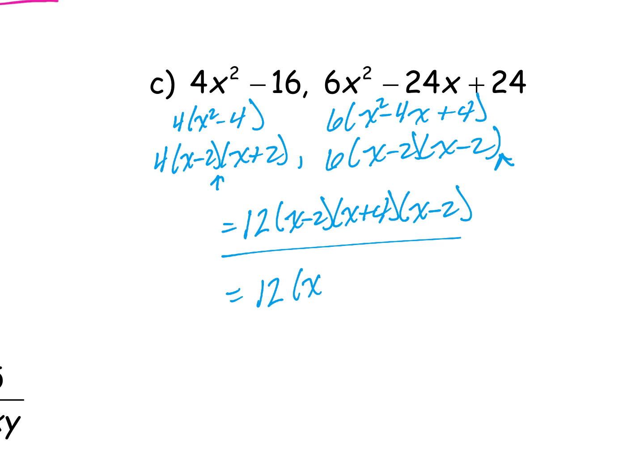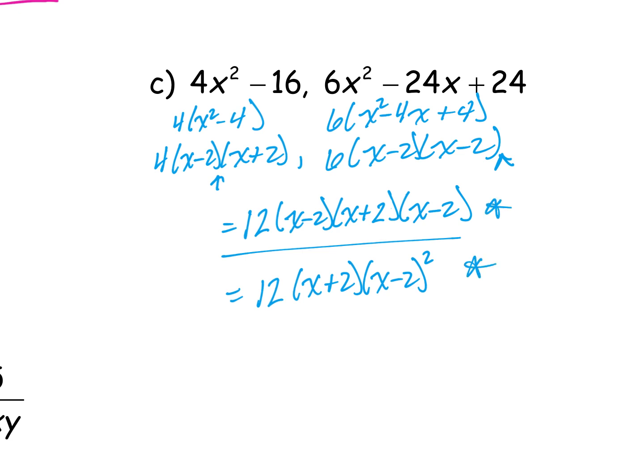I'm so sorry, it should be a 2. You can write it that way also, because I have 2 of those. I don't care which way; either way doesn't matter.